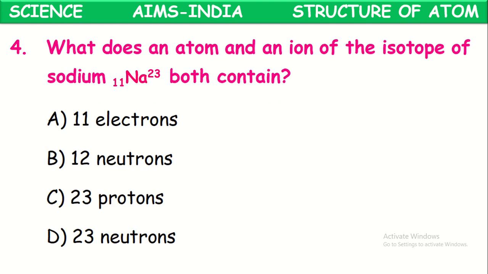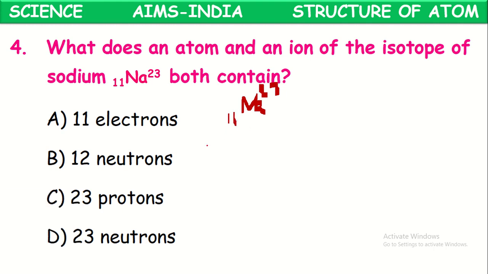Next, what do an atom and an ion of the isotope of sodium, sodium 11, 23, both contain? What relation do they have? Sodium atom and sodium ion: what do they have in common? Let us see the sodium atom first. Sodium atom with atomic number 11 and mass number 23.